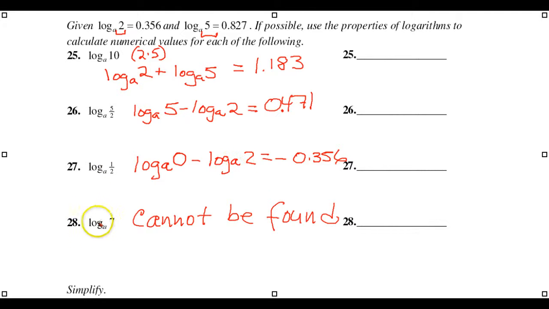And then we have log base A of 7. Is there any way to get a 7 as factors of a 2 and a 5? No. 10, yes, but not the sum, even though it looks like sum here. Remember, this is multiplication. So this one cannot be found. And let's go on.